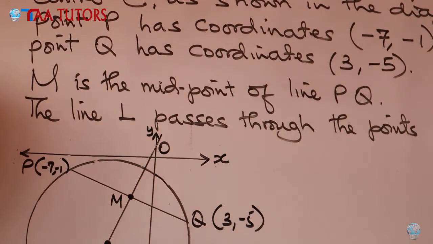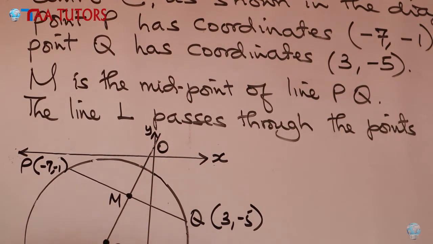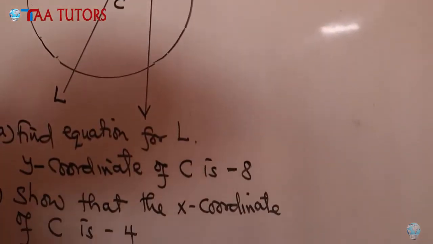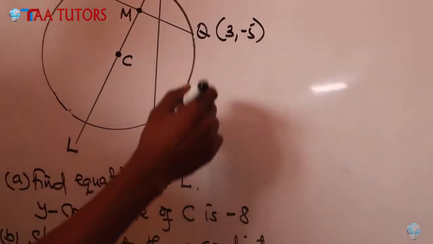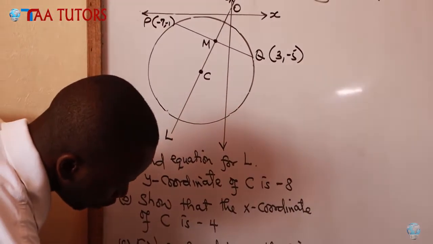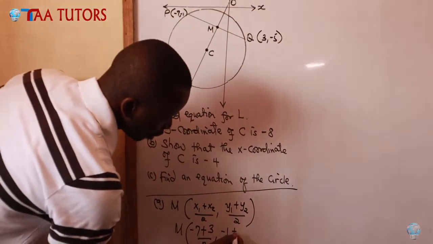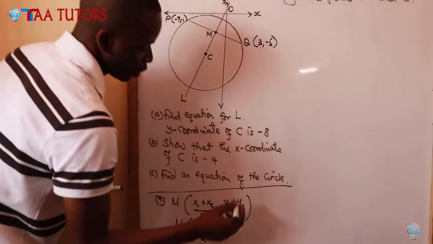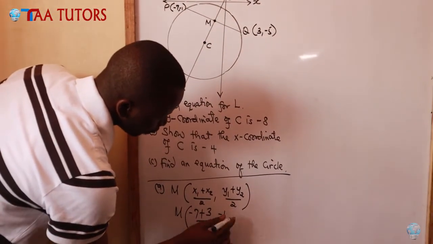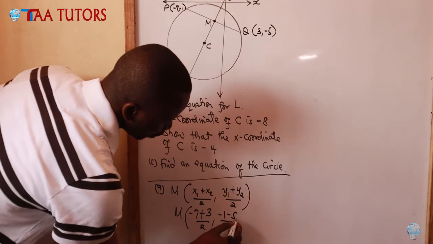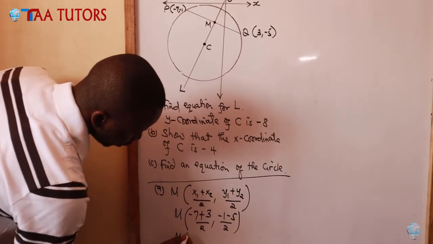So x is (-7 + 3)/2, and y is (-1 + -5)/2.